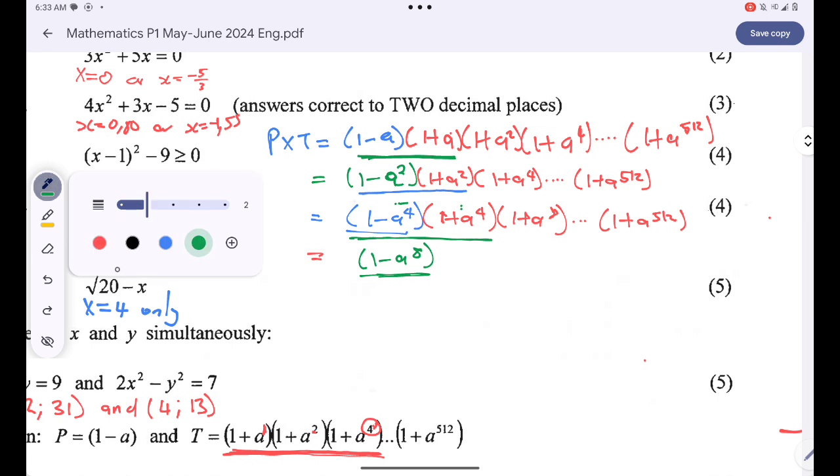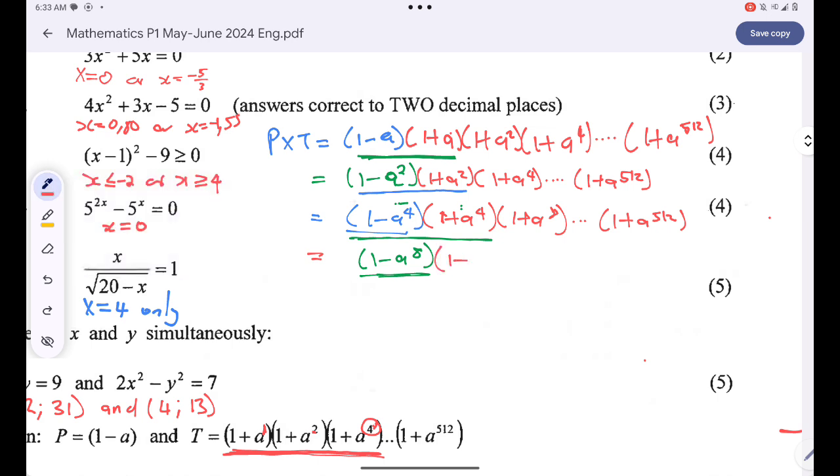Are you together? And then, yes, I still have my a to the power 8 until 1 plus a to the power 512. These two brackets will give me 1 minus a to the power 16. This will go until 1 plus a to the power 512.